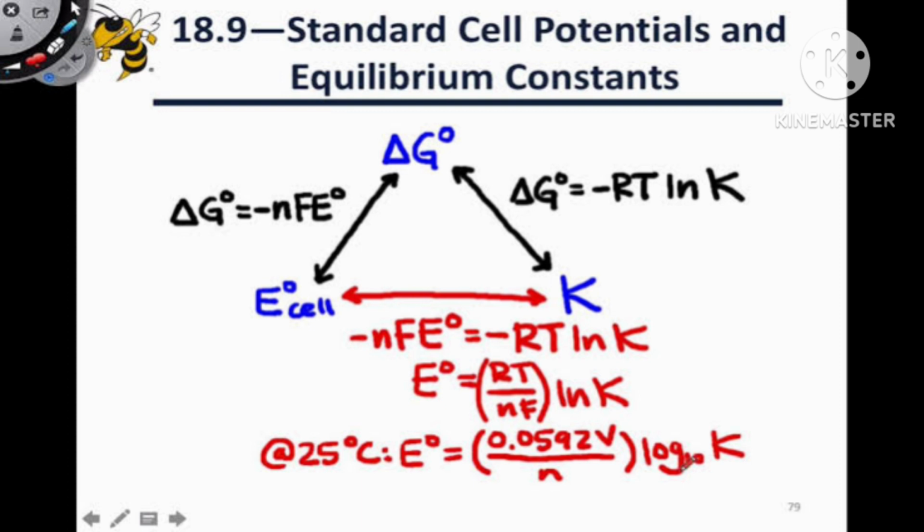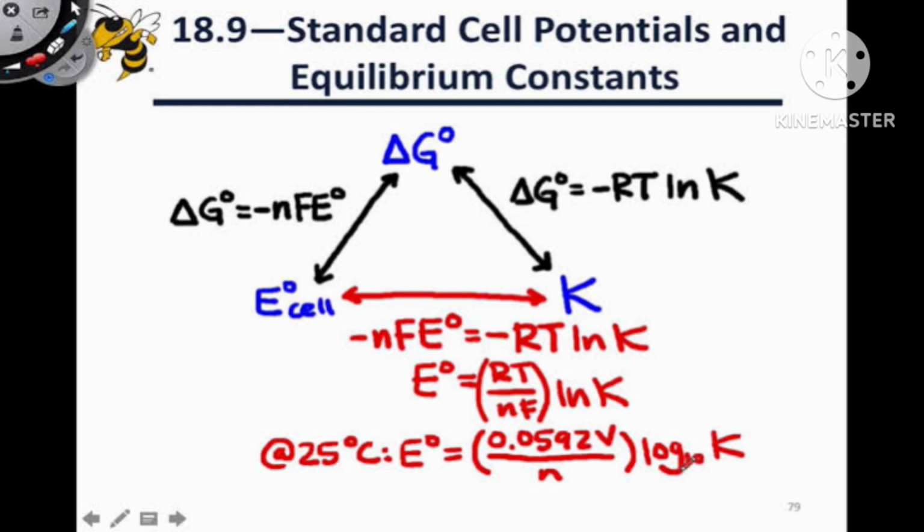Now you have the relation between delta G and E. Then you can get one more relation. What is that relation? Standard delta G is equal to minus nFE.